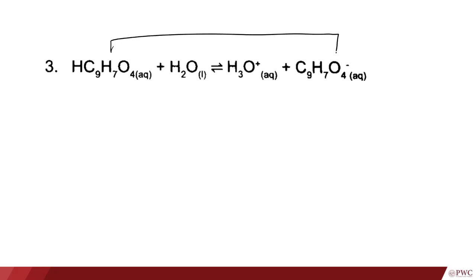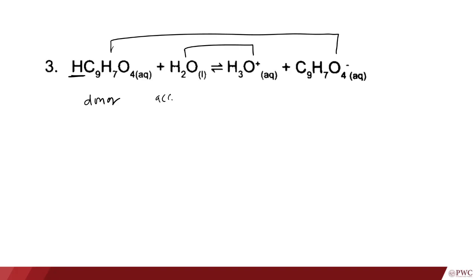Next one, we have HC9H7O4 partnered with this one. So there is a loss, right? In this case, this must have donated its H towards this one, because here H2O becomes H3O plus, so there is an increase in the H plus, or proton. So this one must be the acceptor.